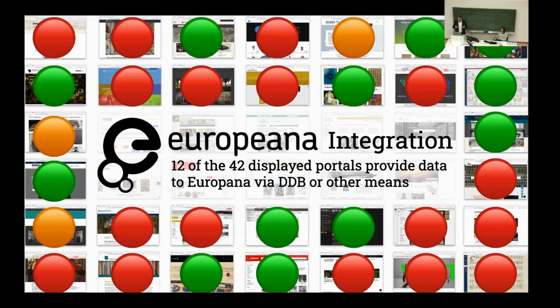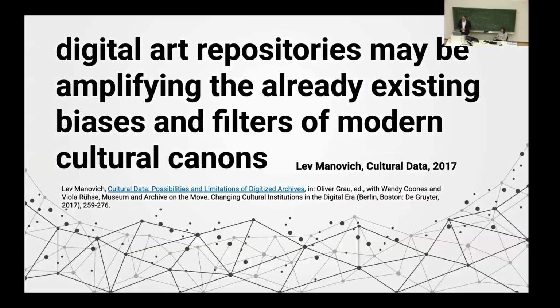And this is a point I'd really like to stress, because there we have a situation that Lev Manovich, the famous media studies researcher, has already criticized one and a half decades ago when he said, okay, look, we have a situation where digital art repositories may be amplifying the already existing biases and filters of modern cultural canons.